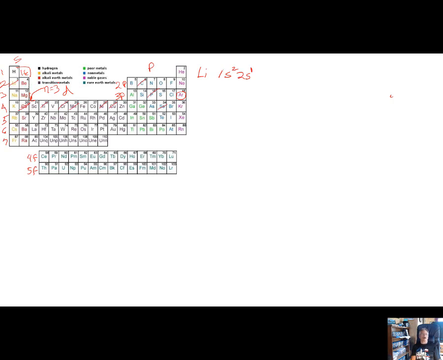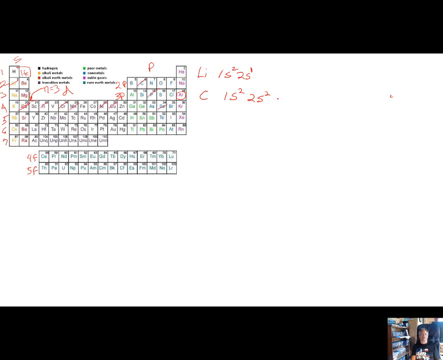All right, let's do carbon now. Carbon, very important element. We're carbon-based life forms. We fill up the 1s first because we fill the lowest energy orbitals first. Then we go down to n equals 2, the 2s, and you can only put 2 electrons in an s subshell.